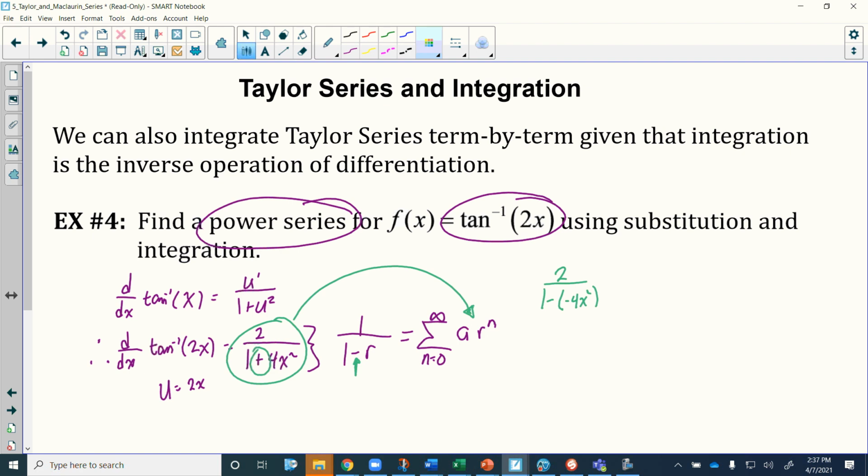And so now I can see that a, in this case, is 2, the value at the top, because we can think of a as being the first term, and the constant ratio in this case is going to be the negative 4x squared. So now that I have that, we're going to take both of these and substitute them in here and see what we end up getting.